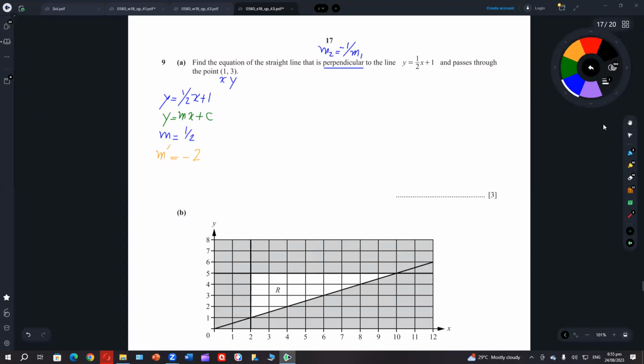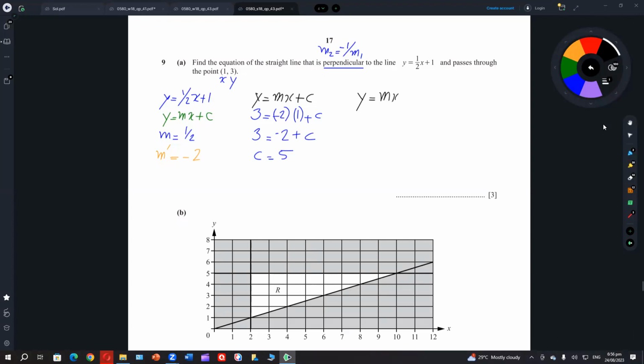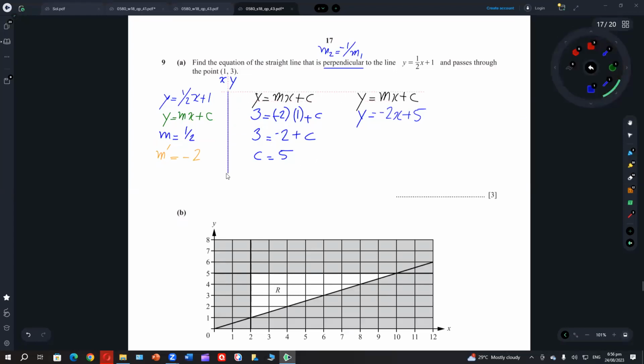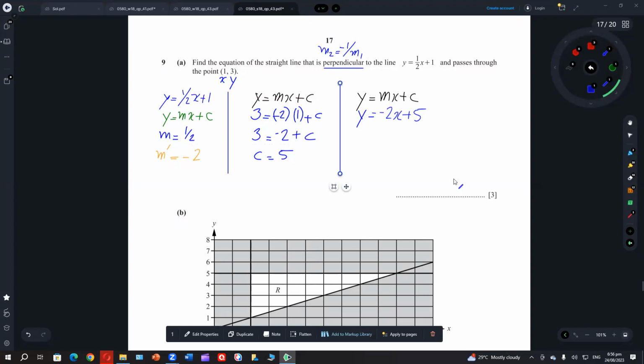Now, equation. I found the value of c. Copy this working.